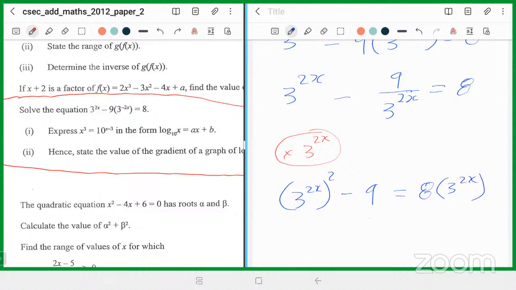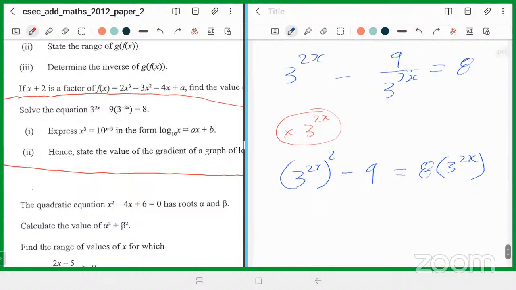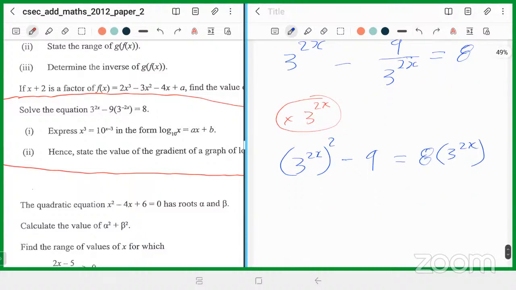So this is really a quadratic in 3 to the 2x. Transpose this over this side. It becomes 3 to the 2x all squared minus 8 times 3 to the 2x minus 9 equals 0.